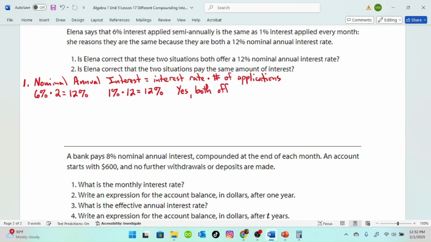Both offer a 12% nominal annual interest rate.